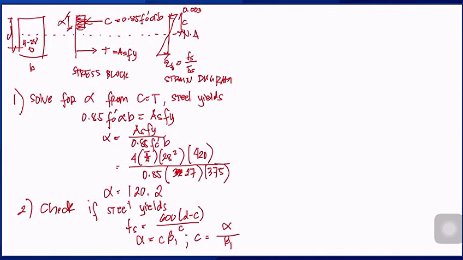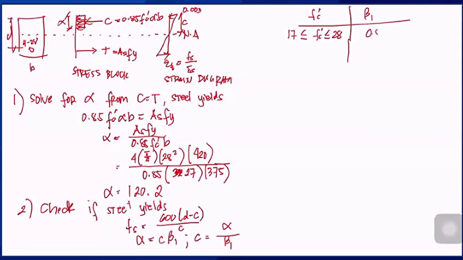So, from our table, so isulat ko na lang FC prime, the value of beta 1 from the NSCP 2015. If FC prime is between 17 and 28, so beta 1 is 0.85.